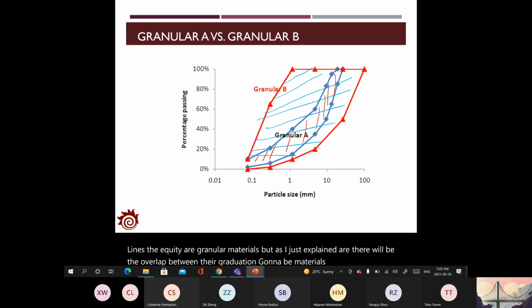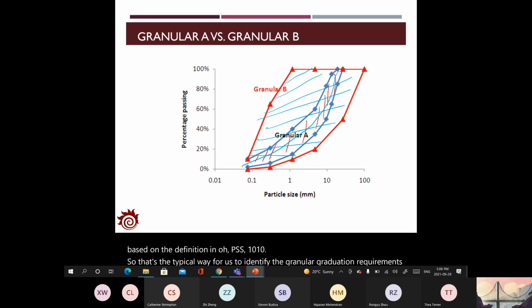If one material fits the range of Granular A, but the stiffness and the CBR are smaller, then probably we should assign it as Granular B material based on the definition in OPSS 1010. So that's the typical way for us to identify the gradation requirements for the base and sub-base layer materials.